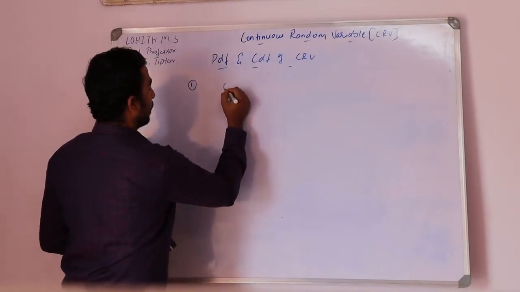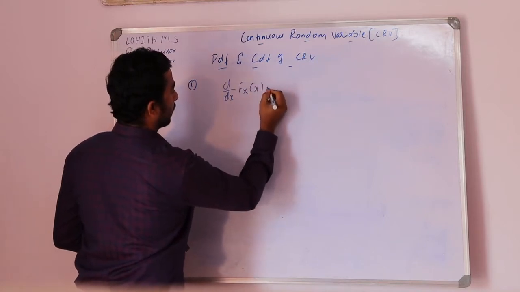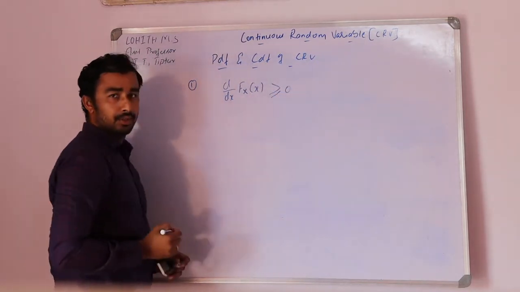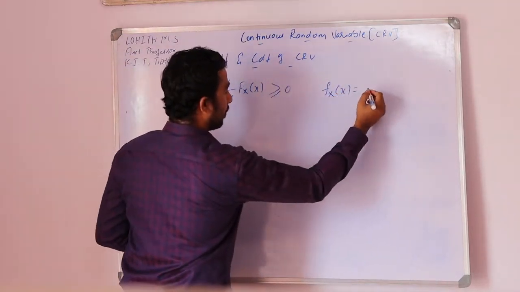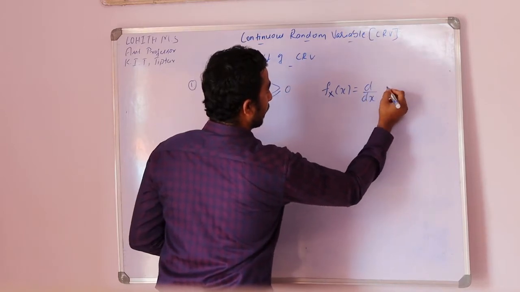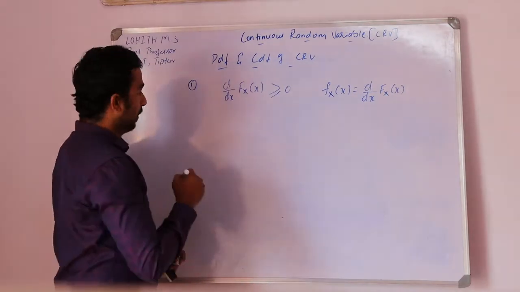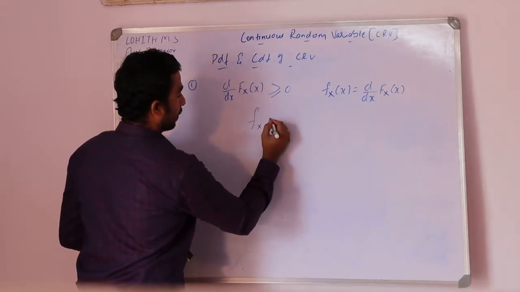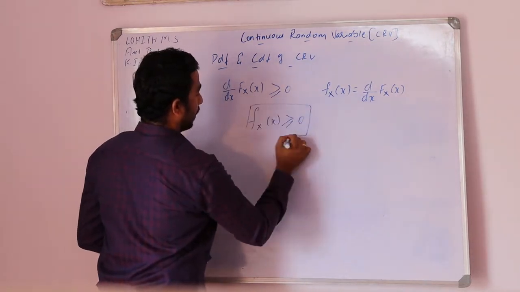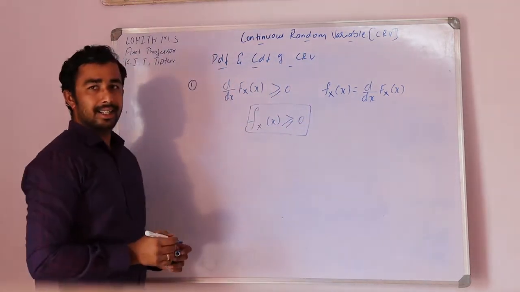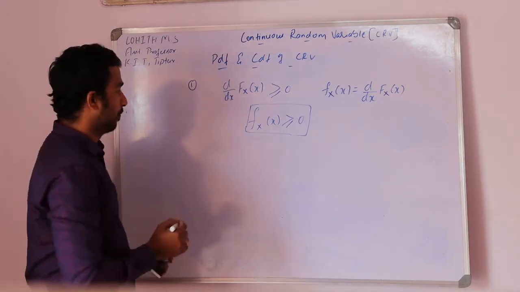The equations are d by dx of Fx(x) is greater than or equal to 0, and fx(x) is equal to d by dx of Fx(x). From these two equations, we can write that fx(x) will be greater than or equal to 0. That is, the probability density function will be greater than or equal to 0.